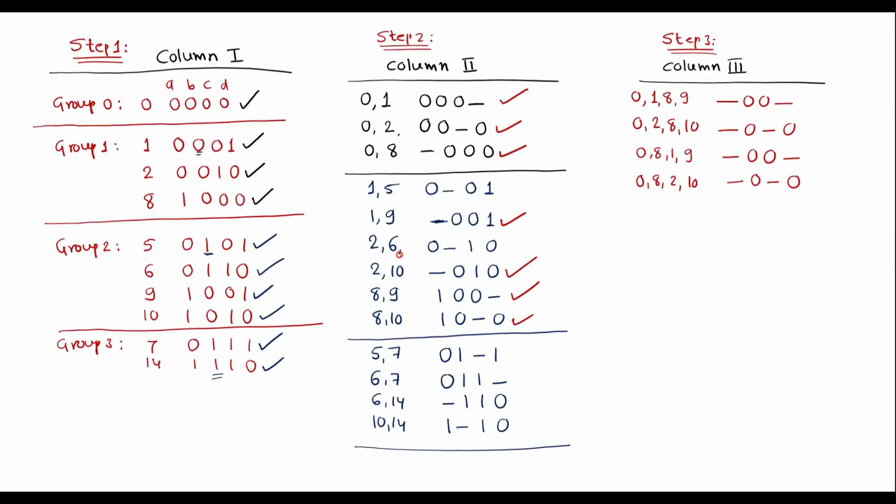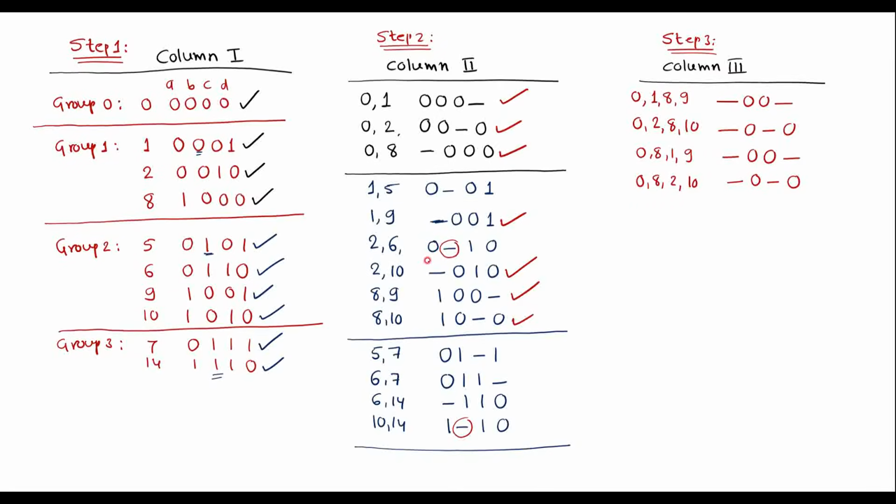Similarly, compare 2, 6 with 5, 7, which differ by more than 1 bit. 2, 6 with 6, 7 also differ by more than 1 bit. Now I will compare 2, 6 with 10, 14. Here we have a dash, here we have a dash. The next two numbers are 1, 0, here the next two numbers are 1, 0.